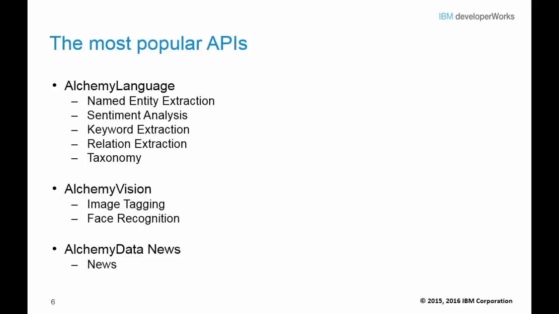Image tagging and face recognition are very popular Alchemy Vision APIs.